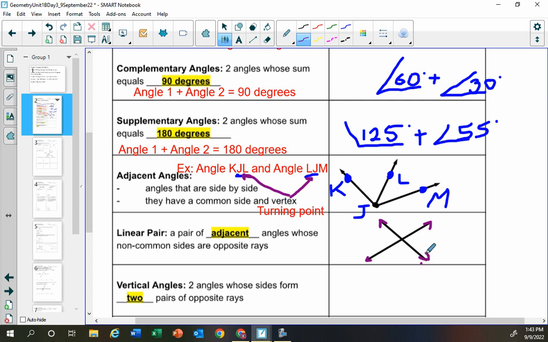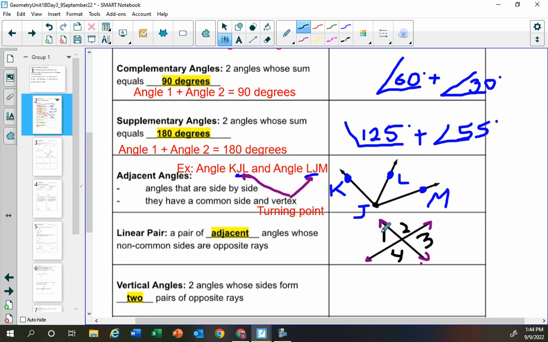And then I'll just use numbers for now. 1, 2, 3, 4. Pair of adjacent angles whose non-common side.